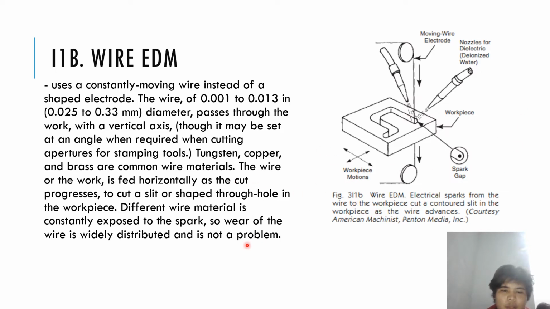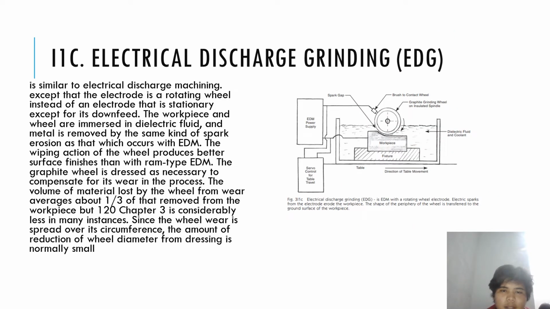Different wire material is constantly exposed to the spark, so where the wire is widely distributed, it is not a problem. Electrical discharge grinding, if we still remember about electrical discharge and also the grinding, is just the mix between the two of them.